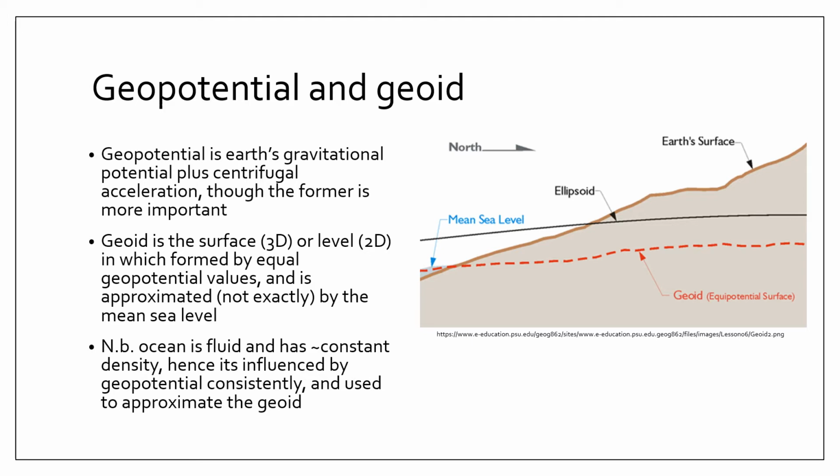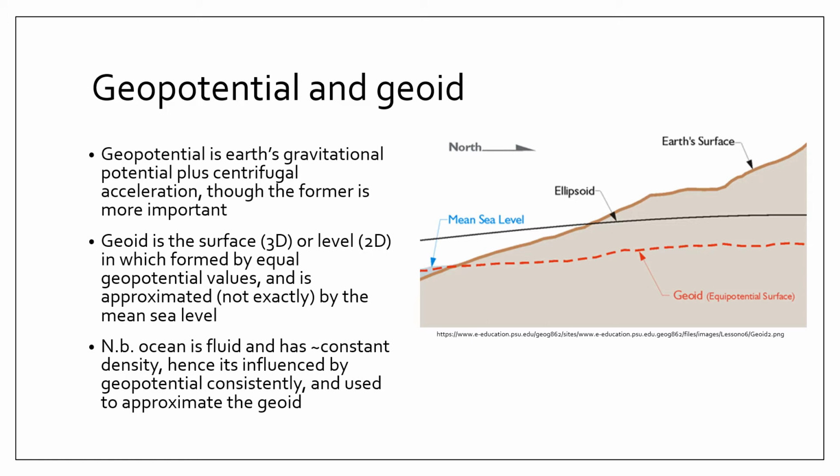Now note that this geoid surface or geoid level, depending on whether you're talking about a 3D surface or a 2D level, is normally approximated by the mean sea level or MSL, but it's not exactly the mean sea level, and we will be discussing that later on.